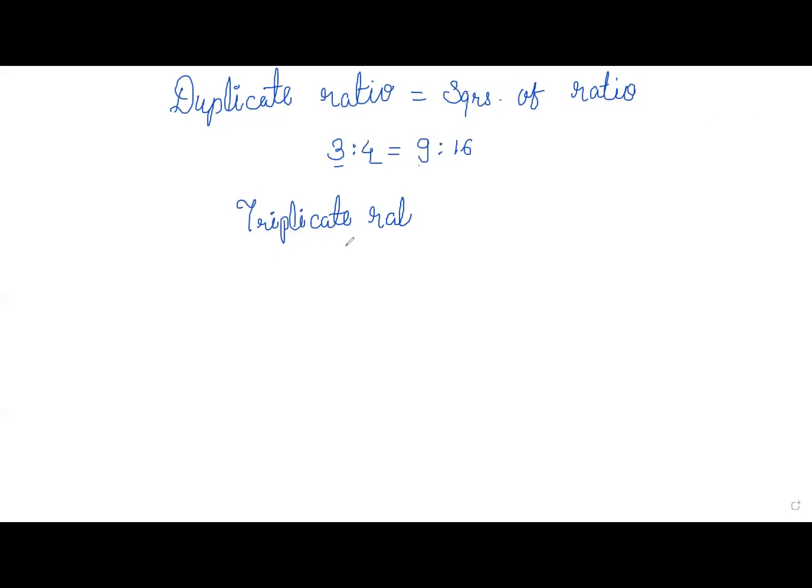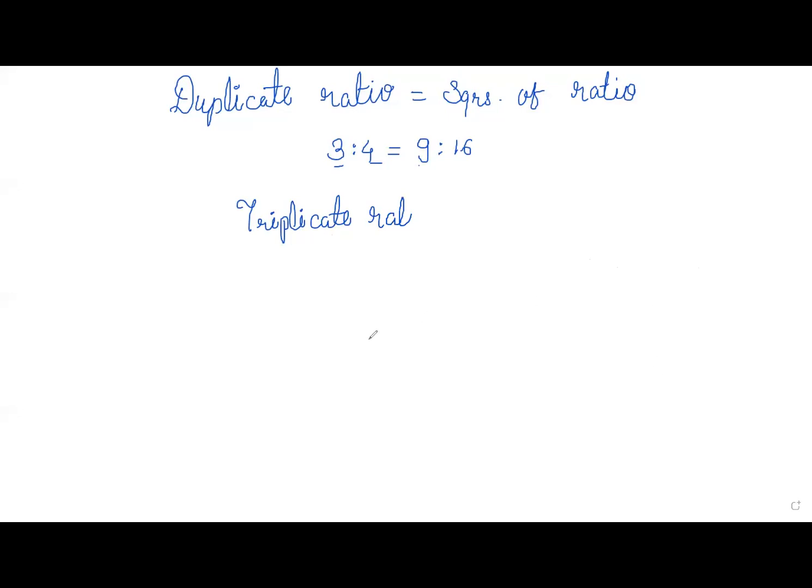In triplicate ratio, if you are taking a is to b, then it will be a cube is to b cube. For example, 2:1 can be put as 8:1. Cube of 2, that is 8, cube of 1, that is 1.